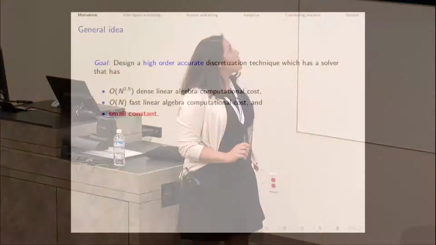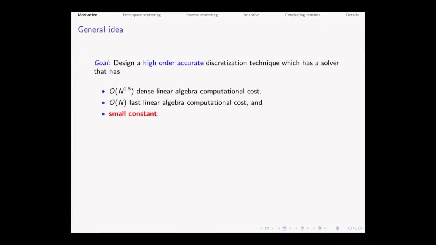We want the scaling to be N^(3/2) when we're in high frequency, so we use dense linear algebra there. And then to accelerate it using hierarchical or fast algorithms in fast linear algebra when we're in low frequency, and then have a very small constant for both the pre-computation and the solve. And that small constant should go both ways for the fast and the dense linear algebra version.